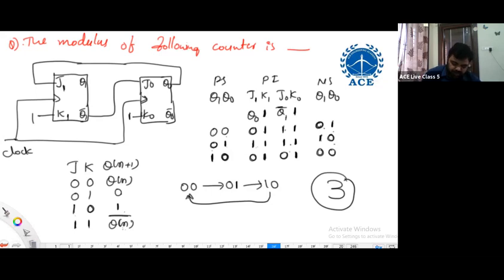Dinesh Sai, hold on. Please wait. Let me go step by step. Are you going to write GATE 2021? Do you want to know the answer for that question only?